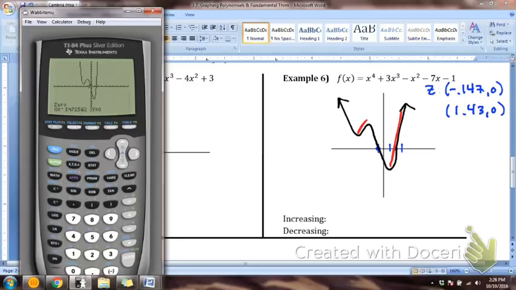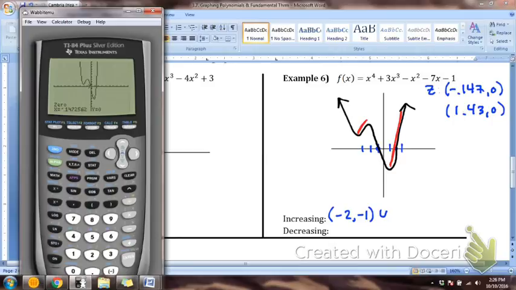No. Okay, yeah. So this is where your graph may differ. So I would say my graph maybe is increasing from -2 to -1. Yours might look different depending on what you see on your calculator. Then we write ours down and yours, you write what you have on your paper.